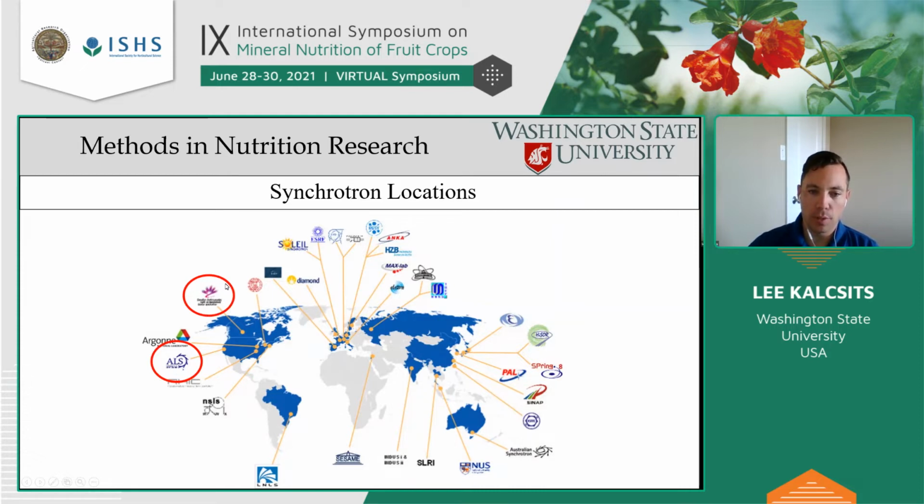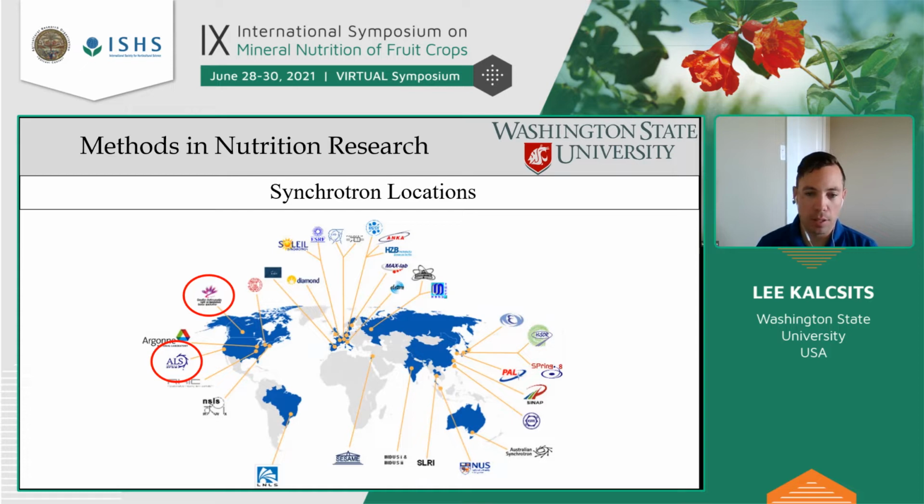And both these user facilities follow a similar type of call for proposals that is similar across all of these different government synchrotron facilities, where every 6 months they put out a call for proposals, and anyone is welcome to put in an application to get access to Beamlines.